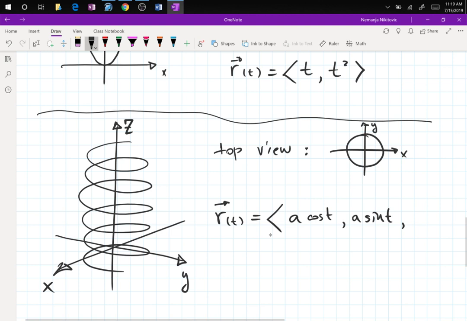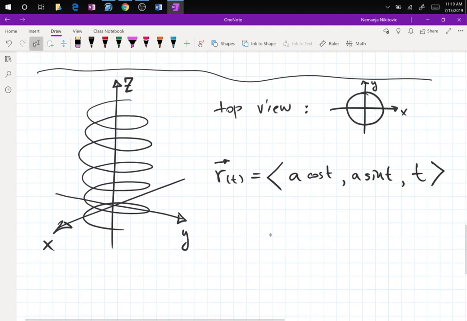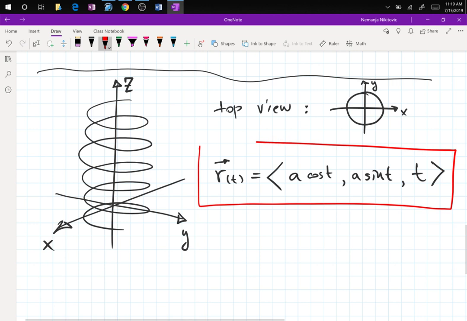And let's say it's rising linearly, so we can just put a t over there. So this is the equation for the helix, which, right, it's just a spiral that goes up, which is a spring.